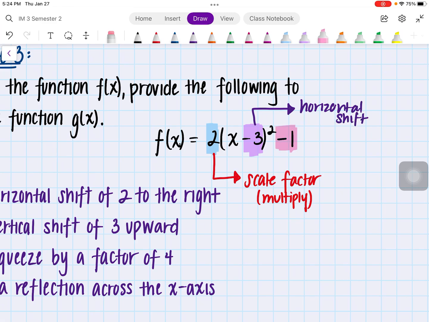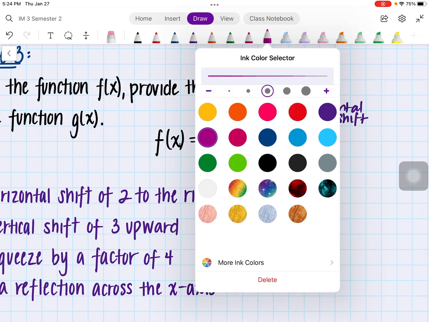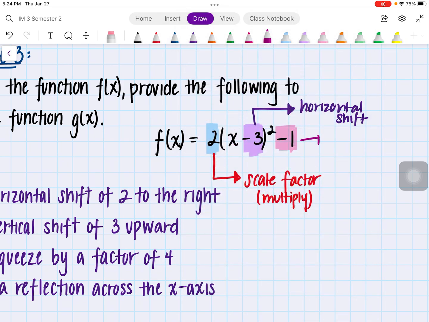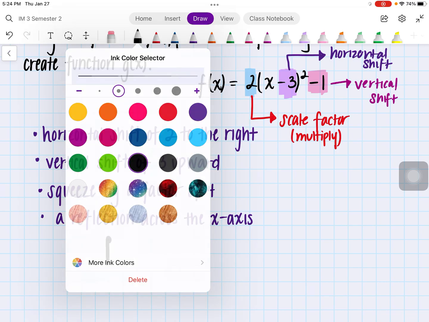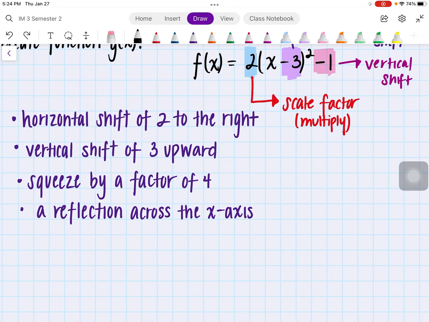And then we have the -1, which is going to represent our vertical shift. Just keep that in mind as we're looking for our shifting here. So for f of x, I'm going to write it on the bottom: equals 2 times (x minus 3) squared minus 1.